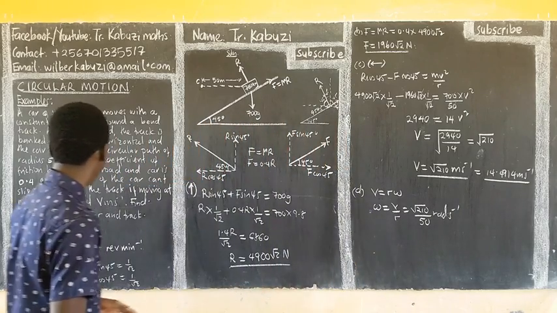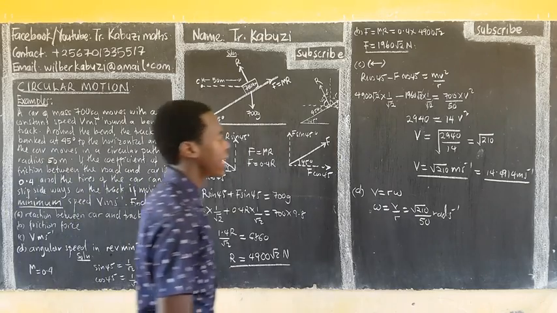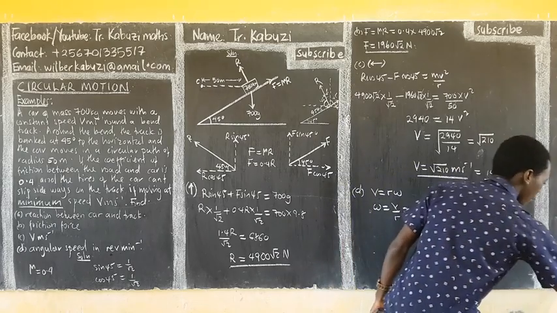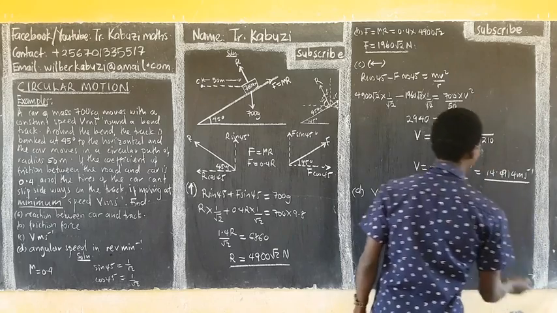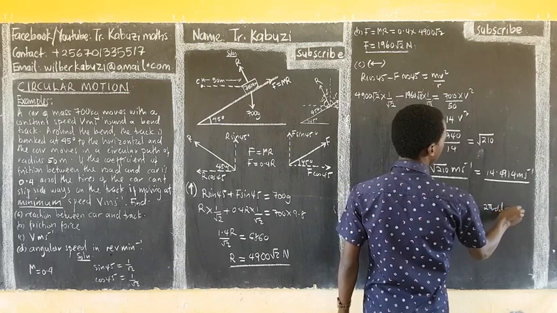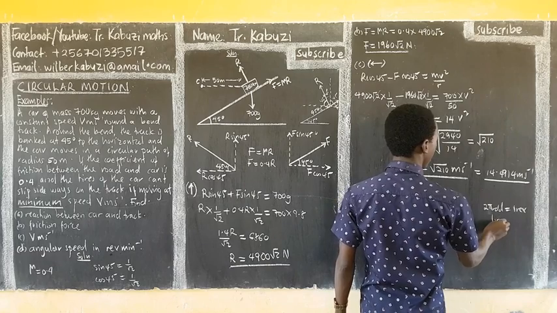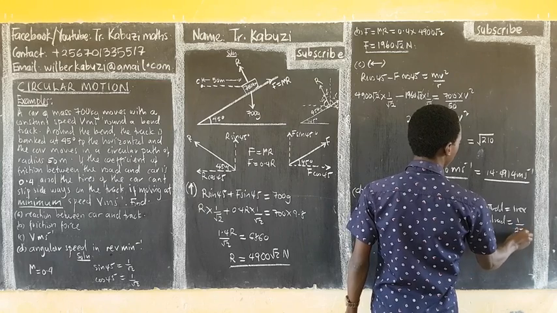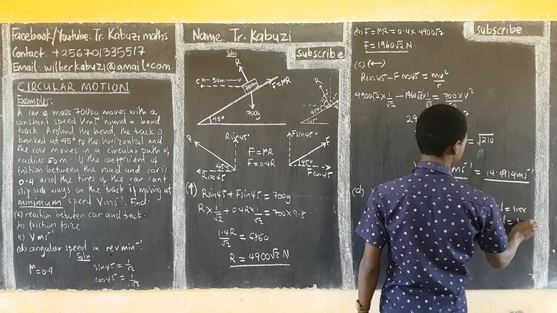Remember, they want us to give it in revolution per second. But we know that 2 pi rad is equal to 1 revolution. So meaning 1 rad is equal to 1 over 2 pi revolution.